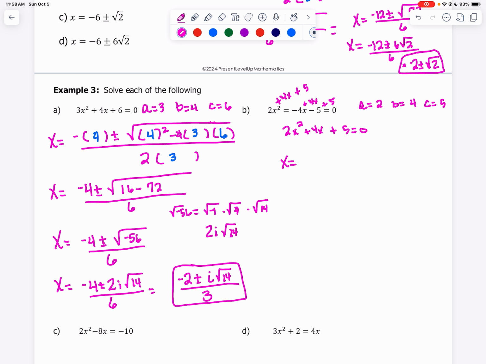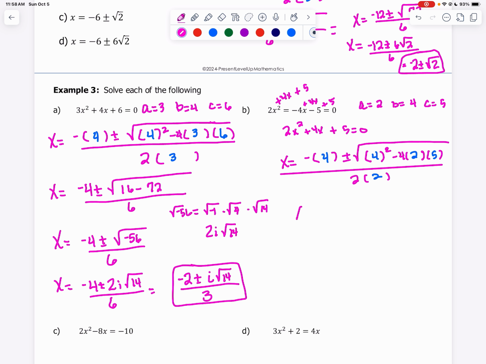So x will equal the opposite of parenthesis plus or minus square root parenthesis squared minus 4 parenthesis all over 2 parenthesis. Now plugging in your values, you're going to put your B here and here. Your A goes here, and your C goes right here.